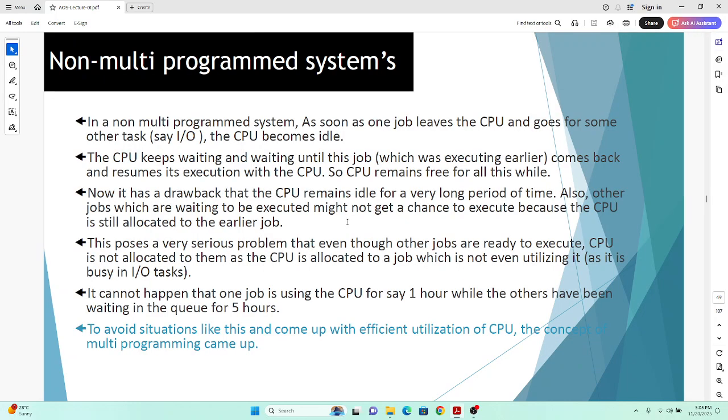So what is a non-multiprogram system? A non-multiprogram system basically means that if a CPU is doing some job and it exits from its job, then the CPU becomes idle for some time and it keeps on waiting until this job is resumed for its execution. So the main idea is the CPU becomes idle and it is very slow.